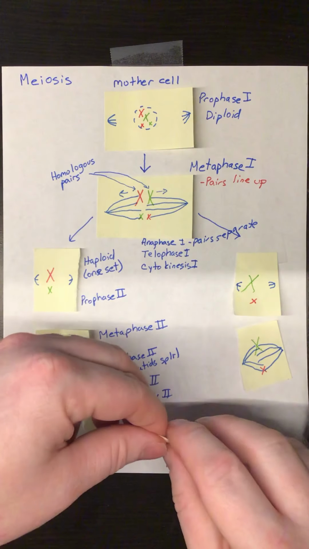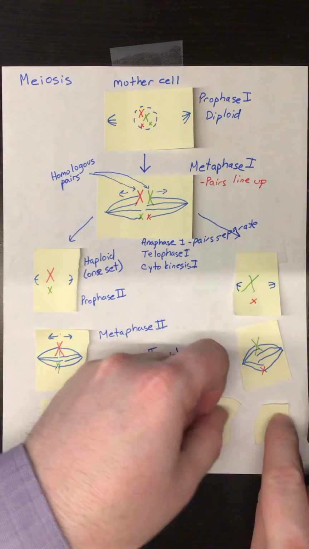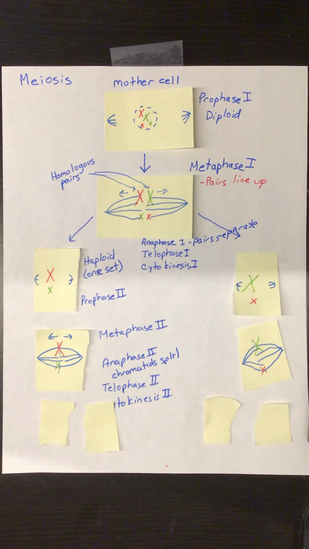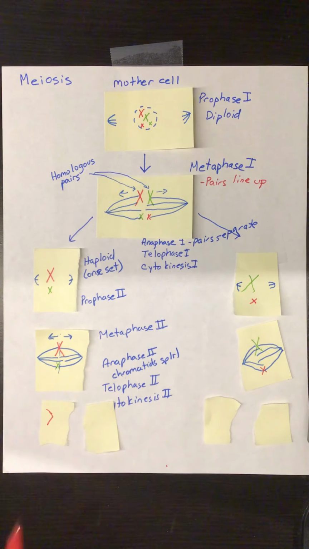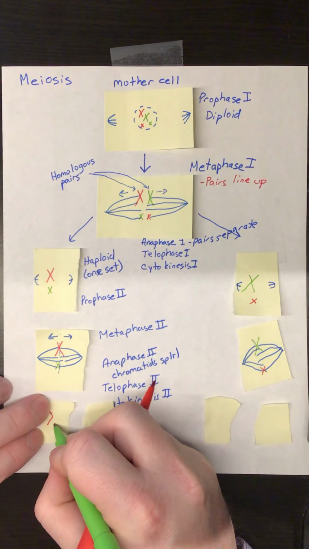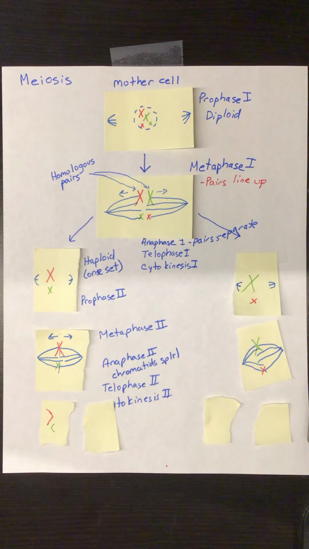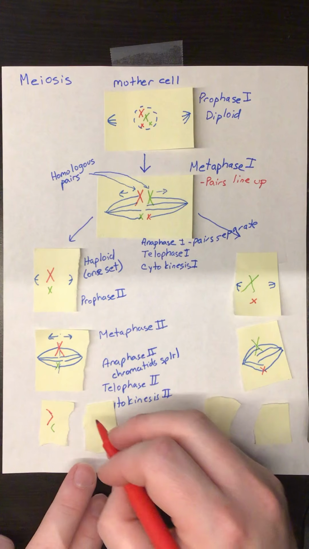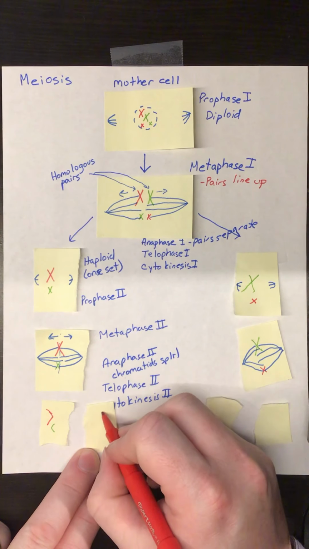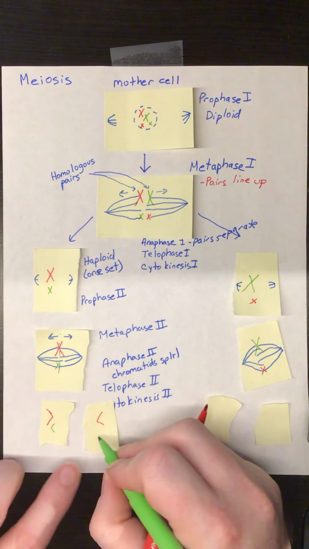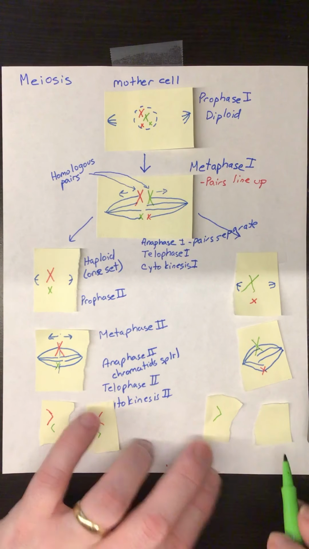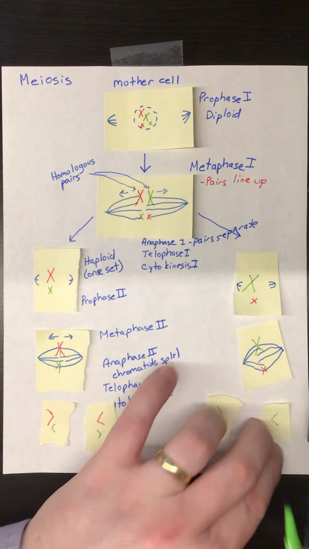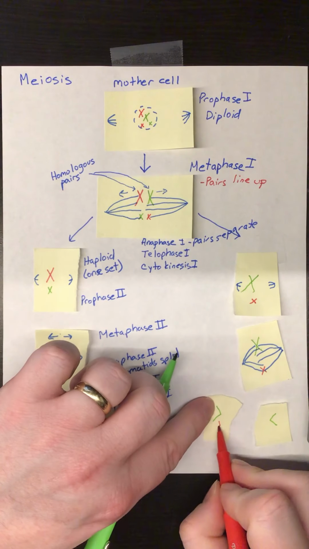And this cell is being split in half again over here. If we follow along, this cell would have half of a red chromosome 1, half of a double-stranded green chromosome 2, and this one would have the same thing. Over here, a big green piece and a little red piece.